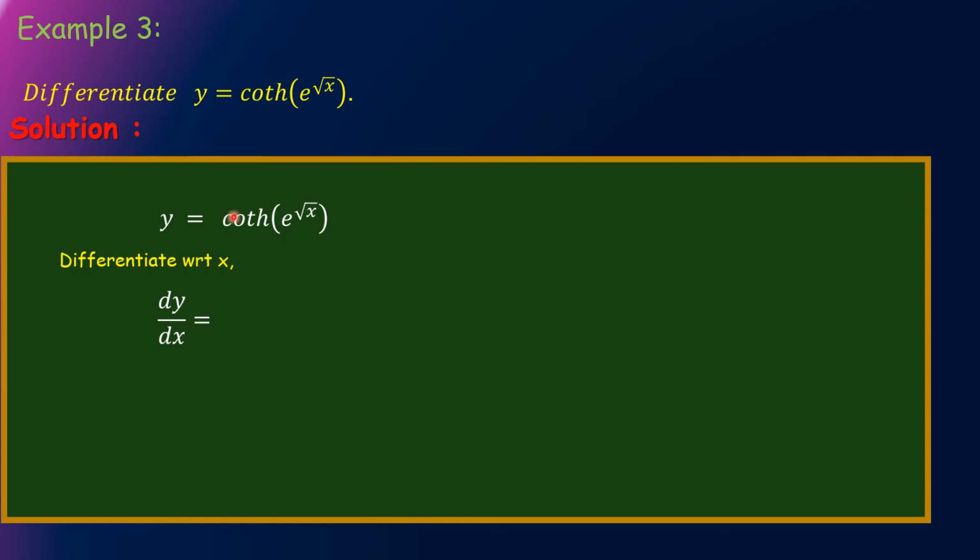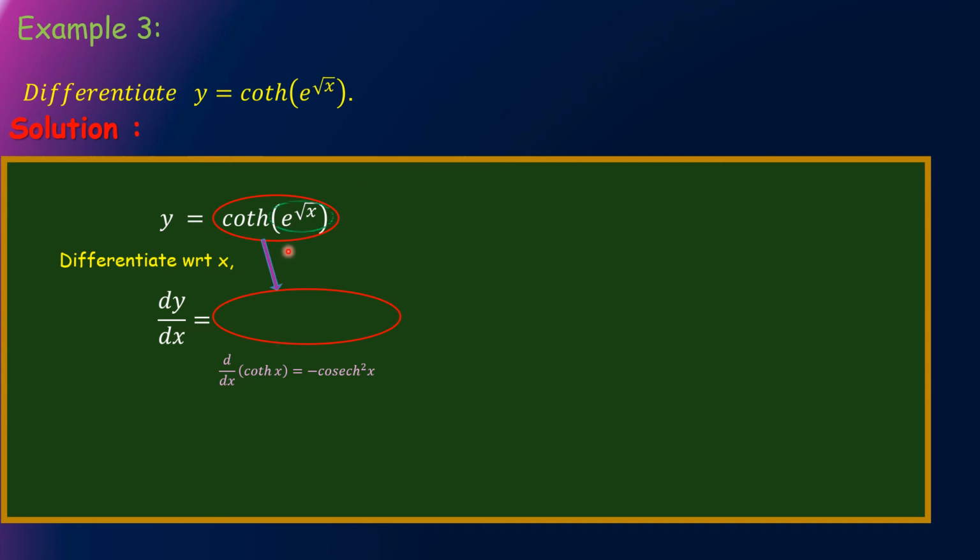From cosech e to the power of root x, we write the circle for cosech of e root x, and then we prepare the space to differentiate cosech using this hyperbolic formula.